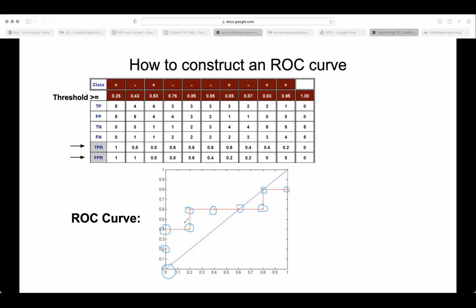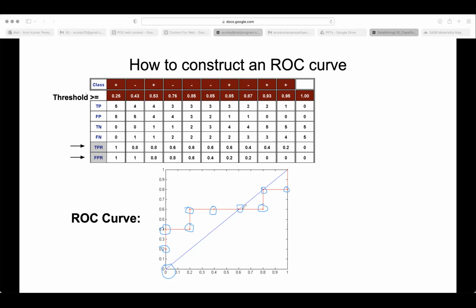And usually people will take wherever you get high values. One way is to stop at 0.93 threshold, then you won't get any false positives. Then again you move here, and wherever you feel it's okay, you'll take that as a threshold. So first you need to compute TPR and FPR, then get this.